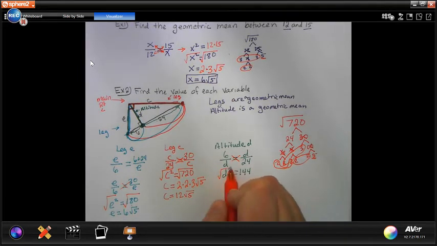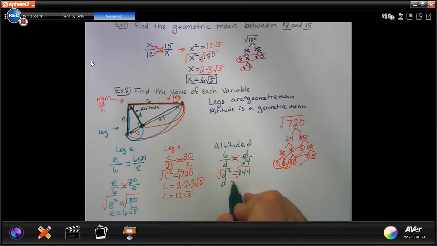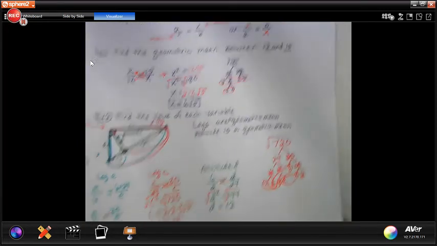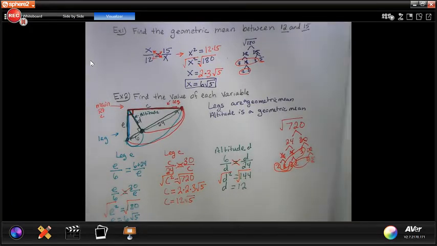To get rid of the square, you take the square root, and I get D equals 12. I know that's a difficult problem, so we're going to do another one.